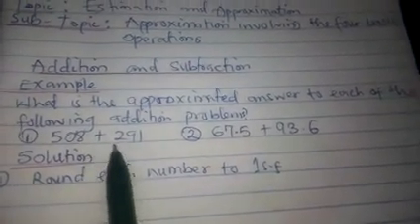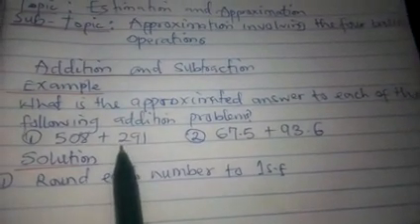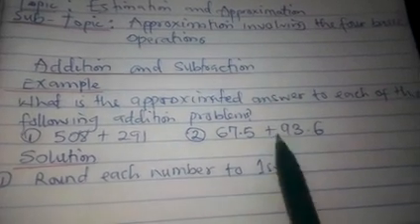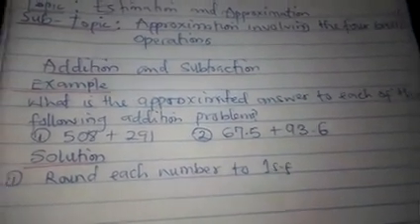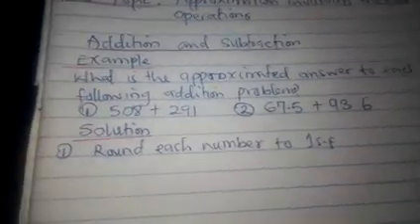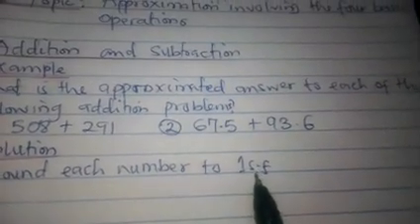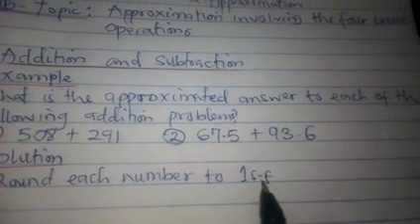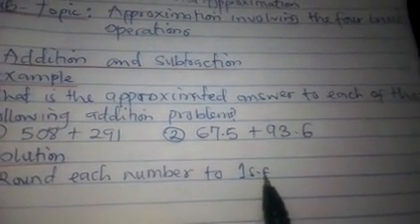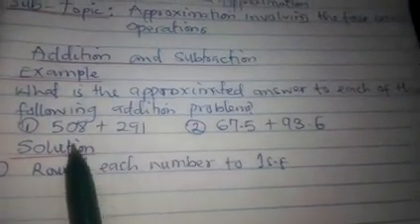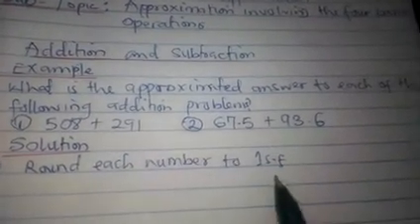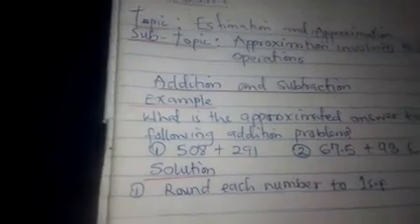You first of all round up the figures and then you add at the end of the day. You round up and add. So you are going to round up this one to 1 s.f. SF stands for significant figure. That is, round up these numbers to first significant figure.